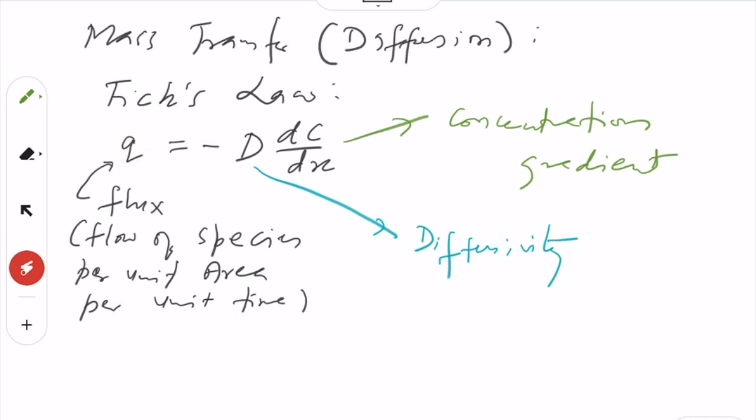Sometimes this will be in terms of moles per area per unit time, or you can have different kinds of units. Similarly, C will be moles per volume.